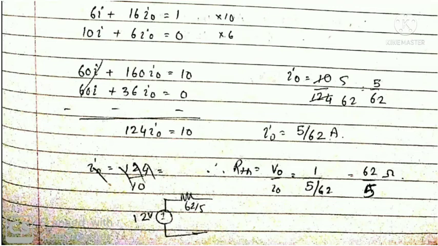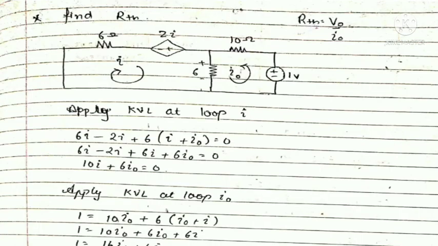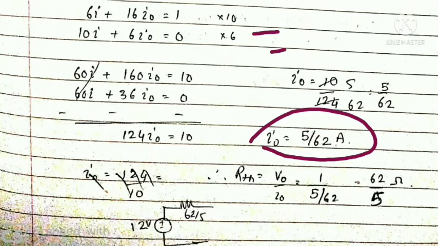By solving these equations we get 124i0 is equal to 10. This is the basic maths to find only one value. Finding one value, you can also find the other. I have to find I0, so I cancelled the 60i by multiplying by 10 and 6. So what is the value? I0 is equal to 5 by 62 ampere.